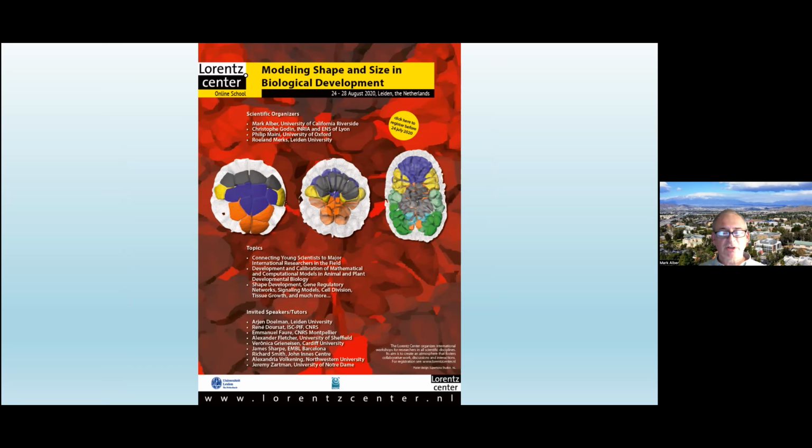I just want to mention a workshop which we organized with Christophe Gadin, Philippe Mainy, and Roland Merckx at the Lorentz Center in Leiden University 4 years ago now, well, maybe 3.5, specifically to revisit different open questions and problems in this field.